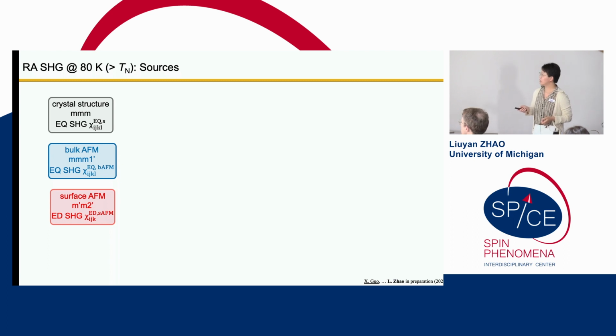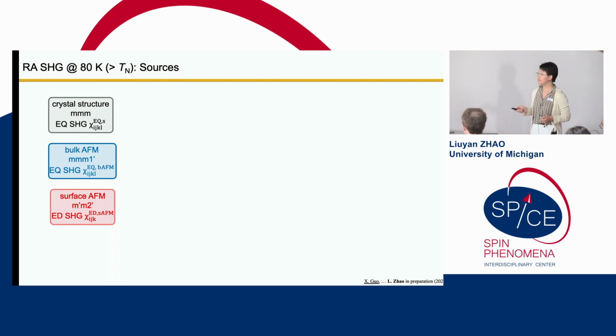Okay. So how do we understand our data? There are a few things in this compound. One is the crystallographic structure, which is the mmm point group, and we know that it contributes electroquadrupole SHG. Then there is the bulk antiferromagnetism, whose point group is mmm with time reversal.